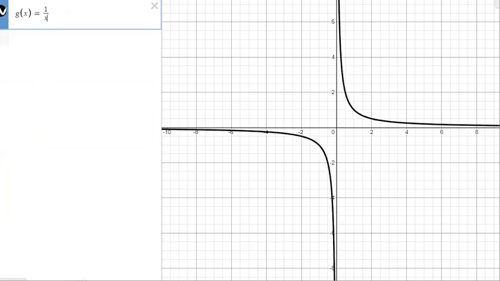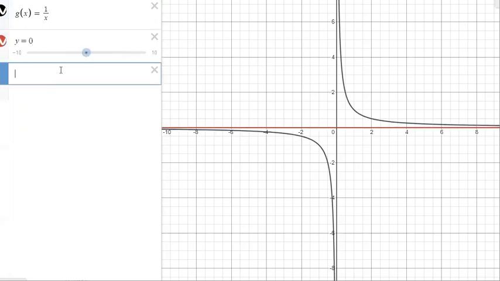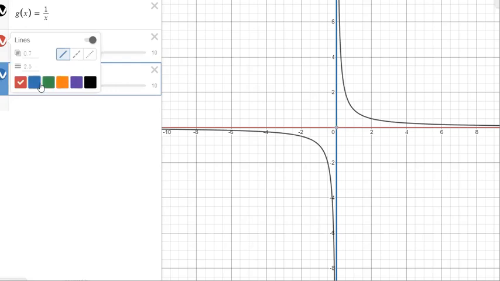Okay, so I've got g of x is equal to 1 over x. Notice that we have a horizontal asymptote at y equals 0, but we also have a vertical asymptote at x equals 0. And since there are no oblique asymptotes and there are no point discontinuities, I don't have to worry about that.